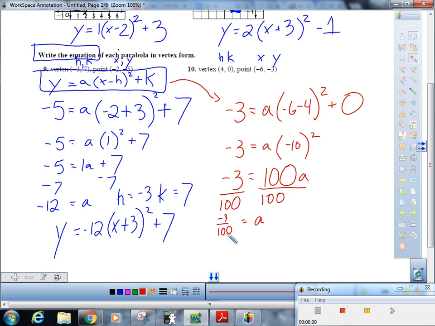And now our answer will be y equals negative 3 over 100 times x minus a negative 6, sorry, x minus h, minus 4, squared, plus 0. And if you didn't write the plus 0, you would be totally correct. No need to write it. I just didn't want to confuse you. Okay? Are you down with the new stuff?